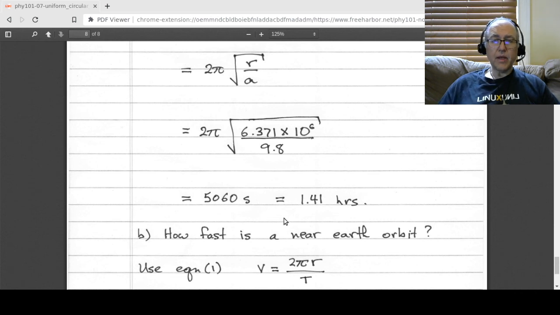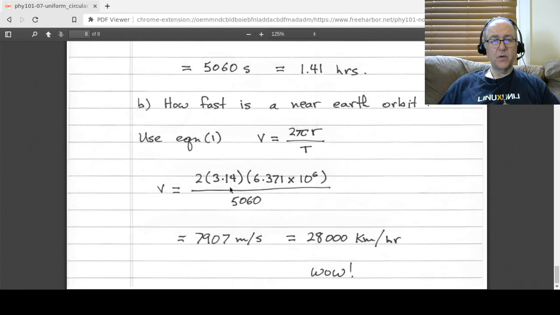There you go. Now I didn't ask this above, but here we go. We can also ask part B: how fast is a near Earth orbit? Obviously, this is going to be a pretty fast orbit because you're going all the way around the Earth once, around the whole circumference, traveling the entire perimeter in just a little under an hour and a half. So how fast are you going?